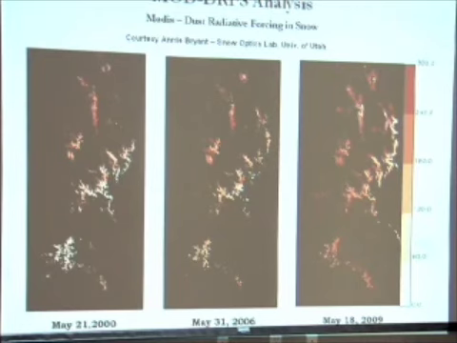And on this scale, I'm pretty sure these are watts of radiative forcing, sort of like that other graph I showed you, showing the effects of the dust on the snow surface and the amount of extra energy that this surface is actually absorbing at the time of this image.